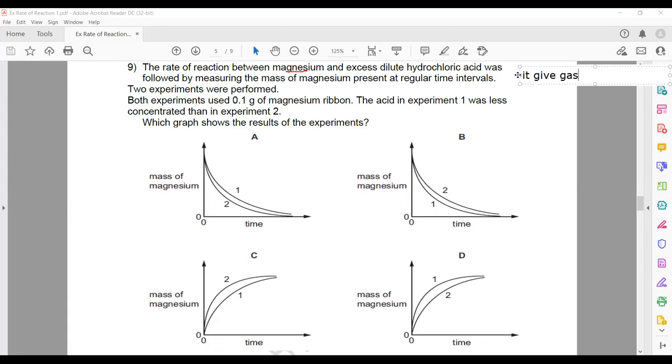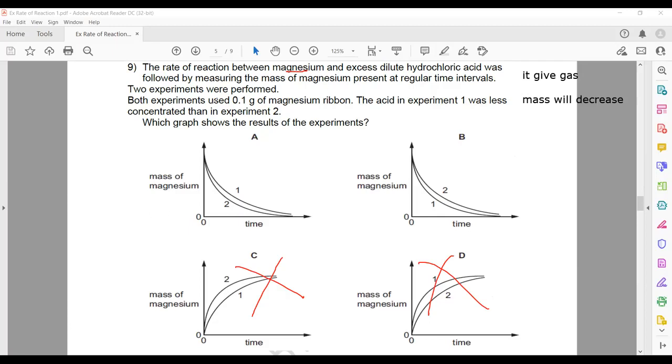And when it gives off gas, the mass will decrease. So C and D cannot be the answer. Why? Because in C and D the mass is increasing, but when a metal reacts with acid, the mass decreases.